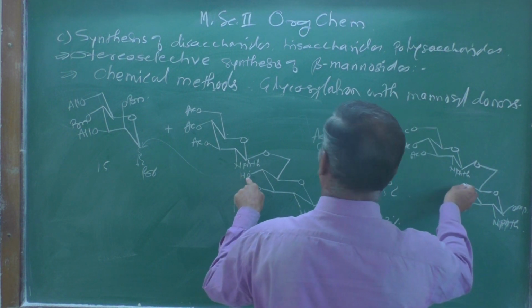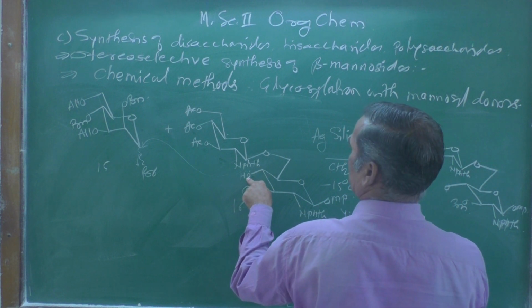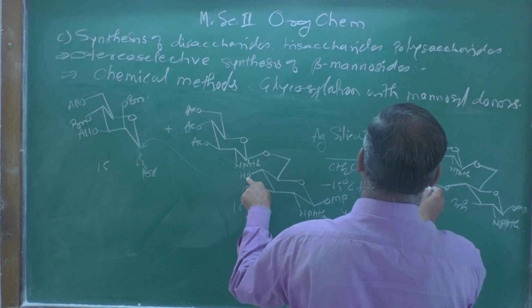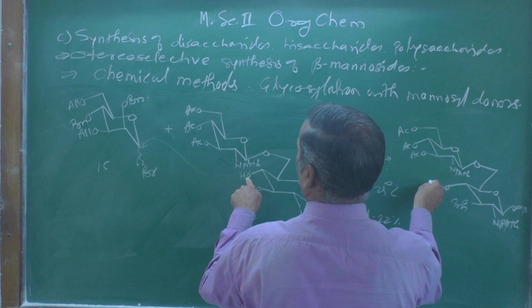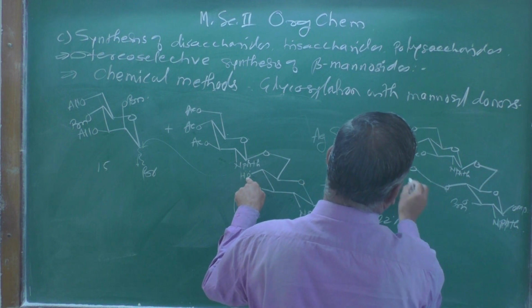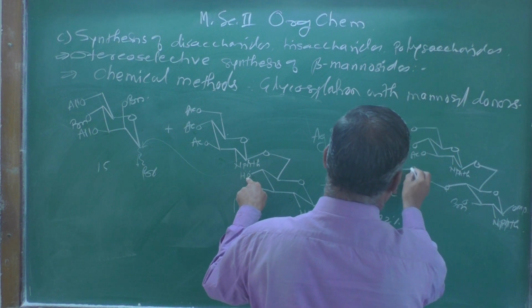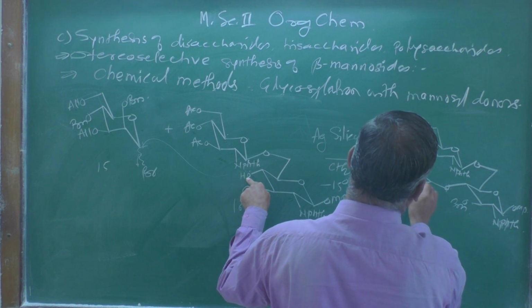Now here this is the O which is present at the equatorial position. Now this is also at the equatorial position, and we are going to get over here the structure like this. This is the structure which we got over here, this one.